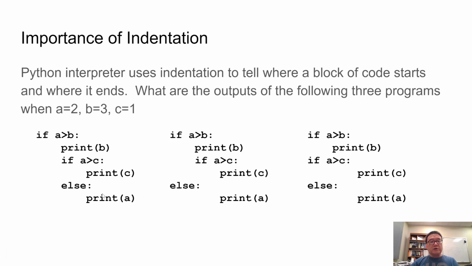So if we write the code this way, then all of this belongs to the if body. If the if condition holds, we execute this. If the condition doesn't hold, we don't do anything here. These three versions of the code are the same, except that the indentation is different. Here, this else, instead of here, comes to here. And here, the if, instead of here, comes to here.